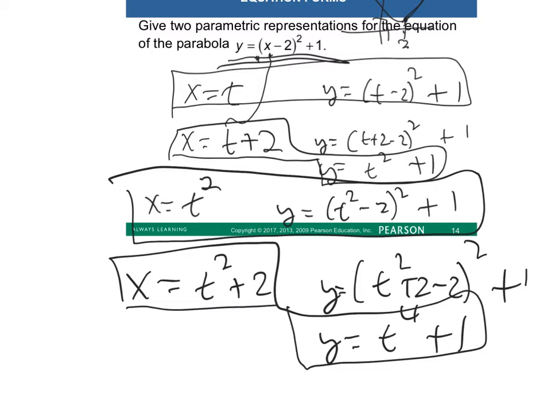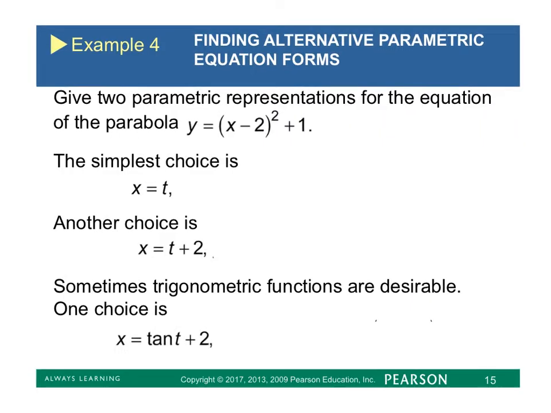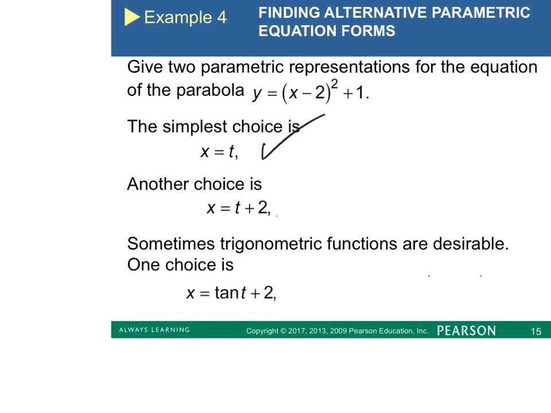Let's see what the author has. Let x equals t. That's the simplest. He did what I did, t plus 2. But then he did something even crazier than me. He said let x equals tangent of t plus 2. Wow.